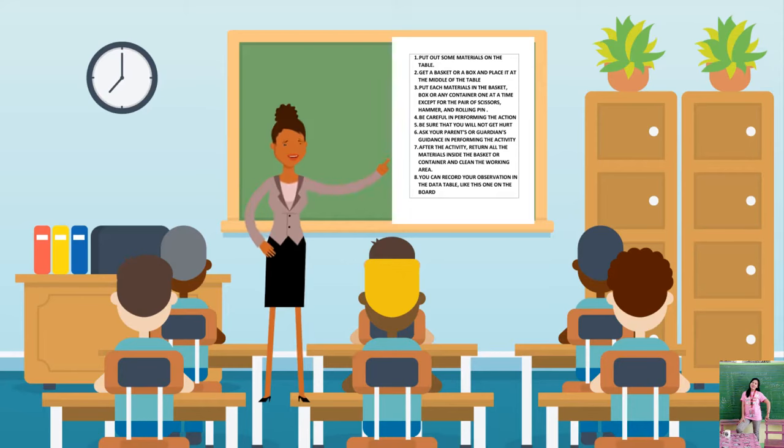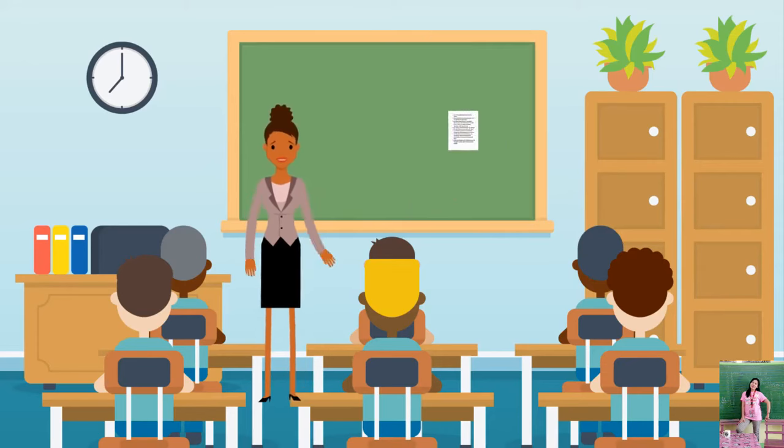Number 4, be careful in performing the action. Number 5, be sure that you will not get hurt. Number 6, ask your parents for guidance in performing the activity. Number 7, after the activity, return all the materials inside the basket or container and clean the working area.